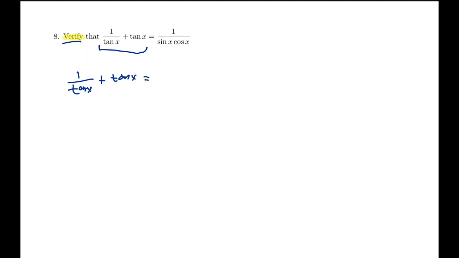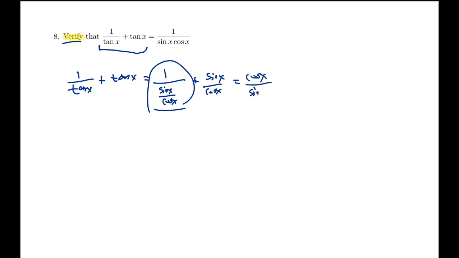So here, I'm going to write tangent as sine over cosine for both of them first. So then this is reciprocal. So this is the same as cosine over sine plus sine over cosine. Now we need to combine these 2 fractions, right?